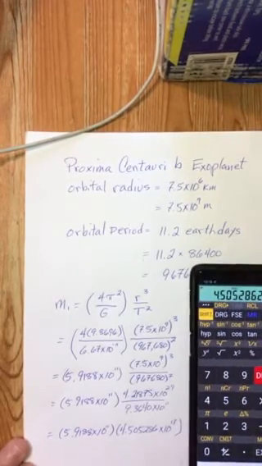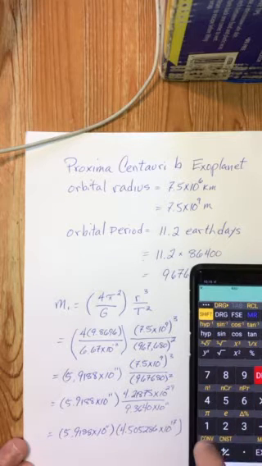Now, since we have that on the calculator already, and we need to multiply by this number in front here, 5.9188 times 10 to the 11th, let's just multiply by 5.9188 exp 11.